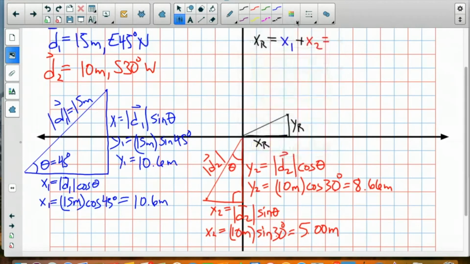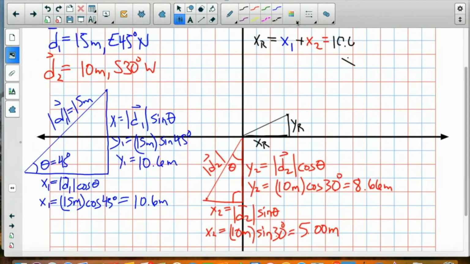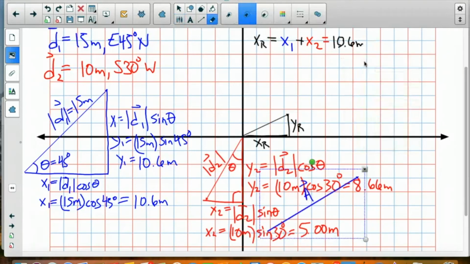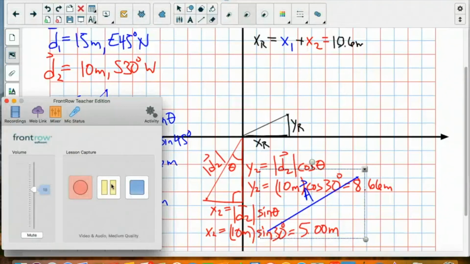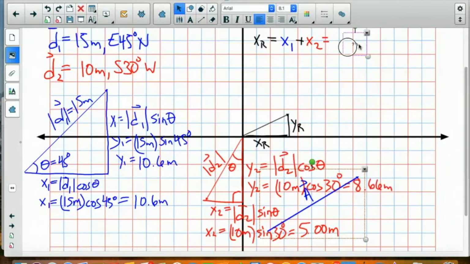Okay, in this case, that's going to give us 10.6 meters plus, we had 10.6 meters.